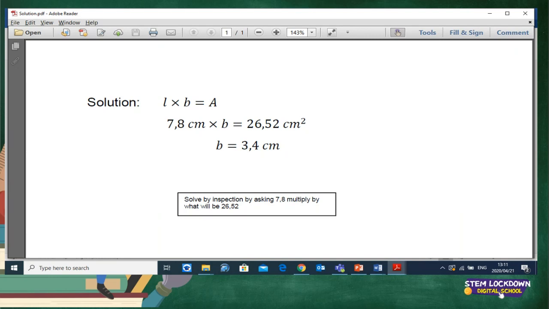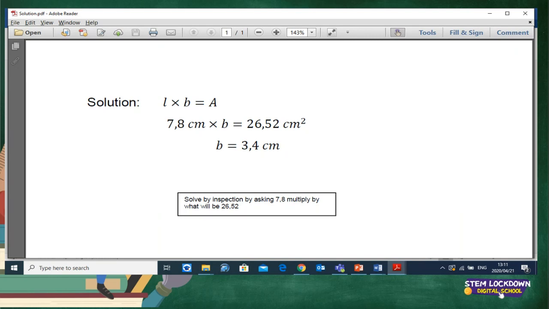That is the answer that you will get when you multiply the two. So you will definitely get 26,52, which shows you that the answer that you got, which is B, is the correct answer.